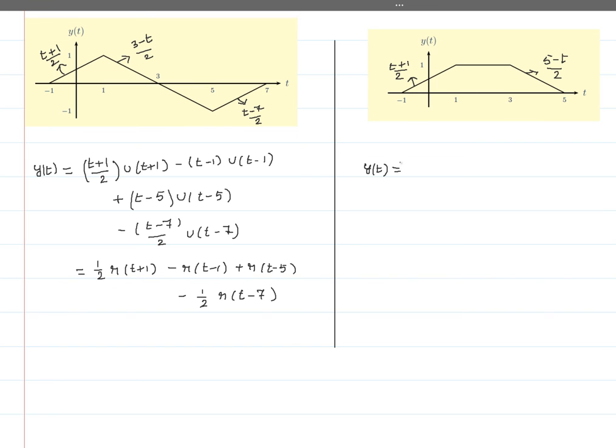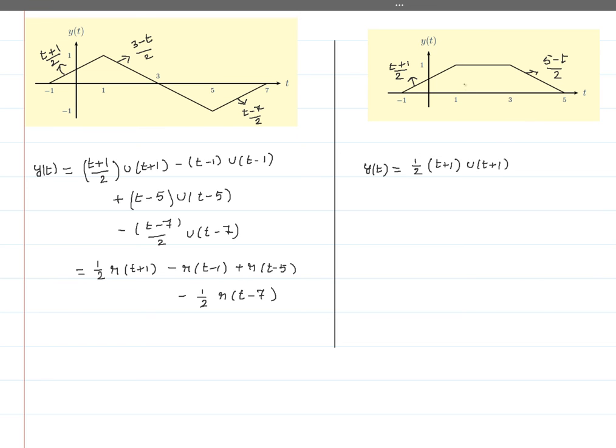And again with the same process, let us represent this signal y of t in terms of ramp functions. As discussed earlier, the signal initially has a slope of 0 till -1, and at -1 the slope of the signal will become half, and hence it can be represented as 1 by 2 times (t plus 1) into u of t plus 1, and this continues till 1.